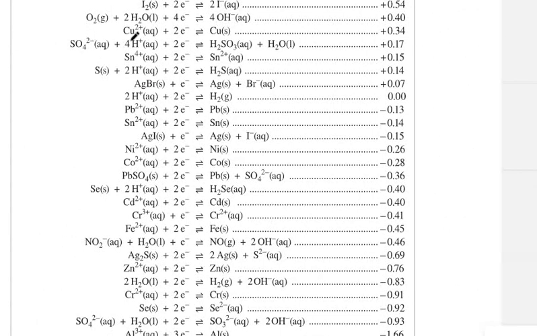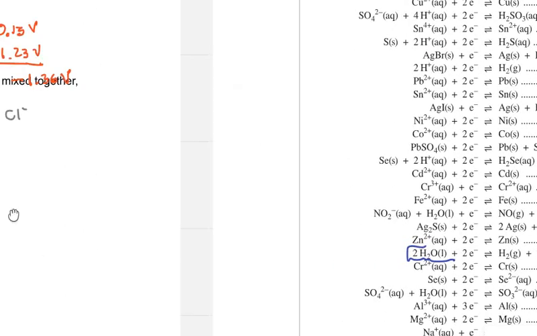If we had acid, then this reaction would work. This is for sulfuric acid, but we don't. So water is going to be our SOA. So this thing again, the one with hydrogen and 2 hydroxides, and its voltage is minus 0.83 volts.